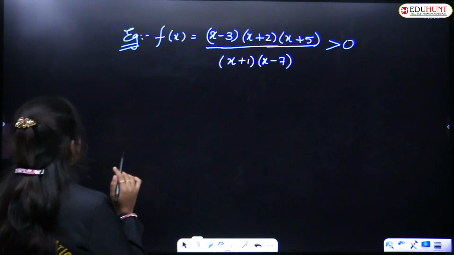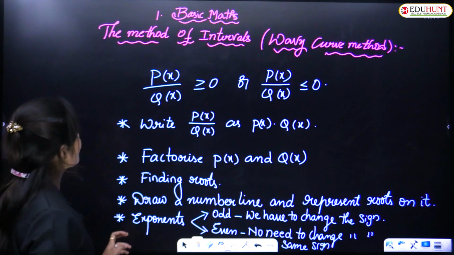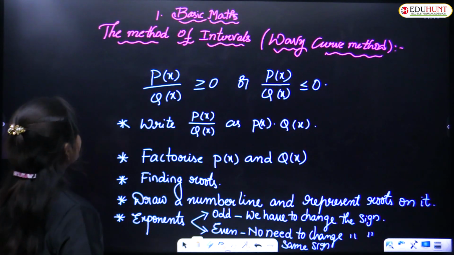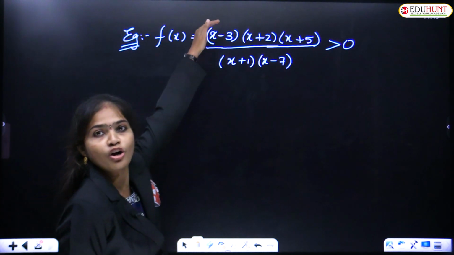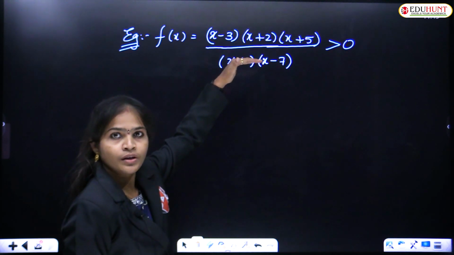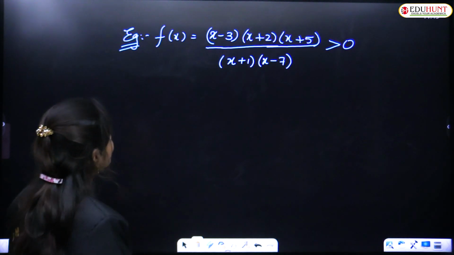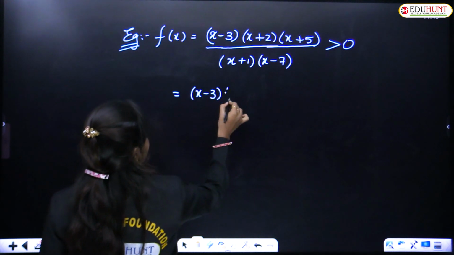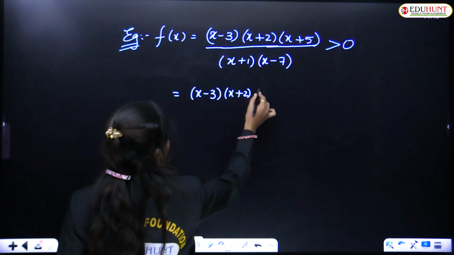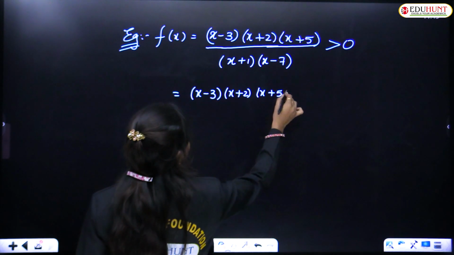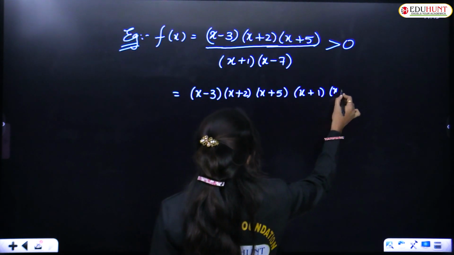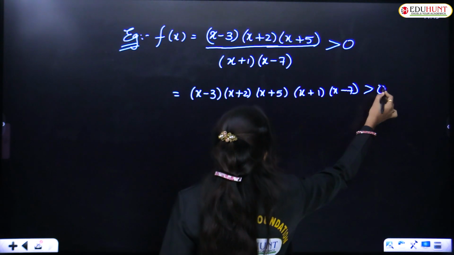See, the first step we discussed: write P of X by Q of X. So this is in the form of P of X by Q of X only, no? So this one first we have to write in the form of P of X into Q of X. So x minus 3 into x plus 2 into x plus 5 and into x plus 1, x minus 7 is greater than 0.